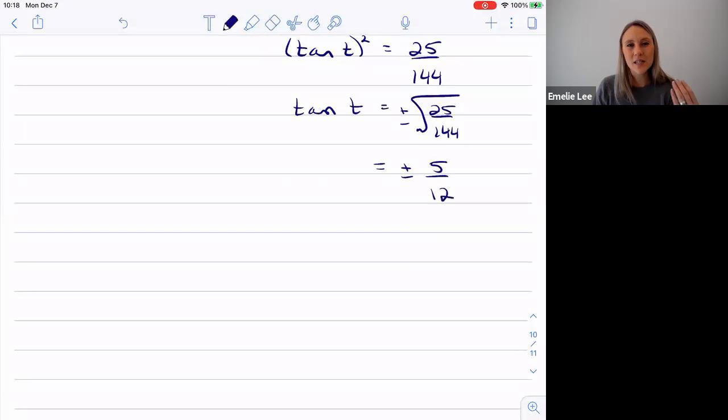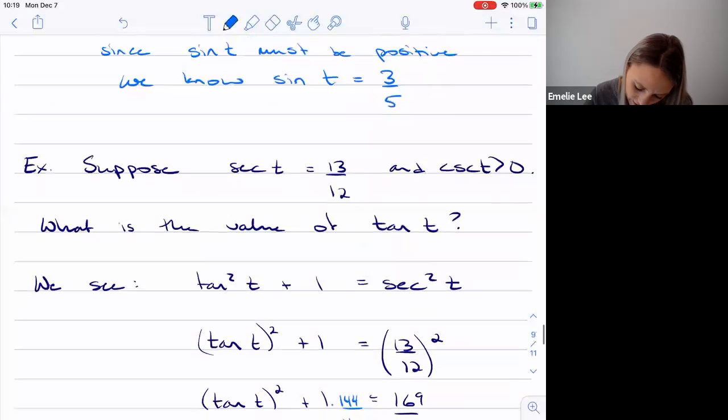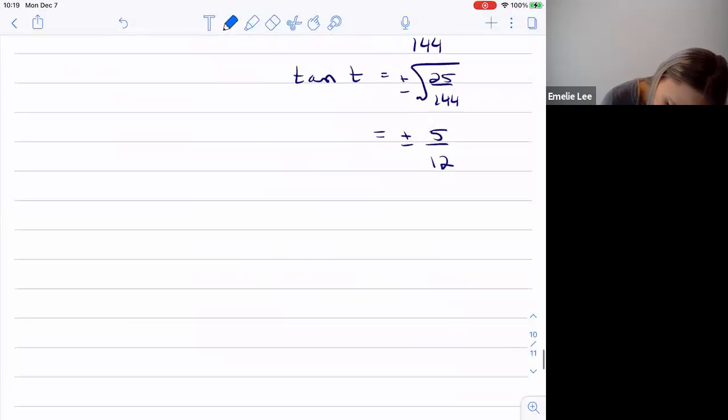I need to decide whether tan is going to be positive or negative. In the previous question we did it first, and now I'm going to leave it till the end. We're going to use the fact that the cosecant of t is greater than 0.